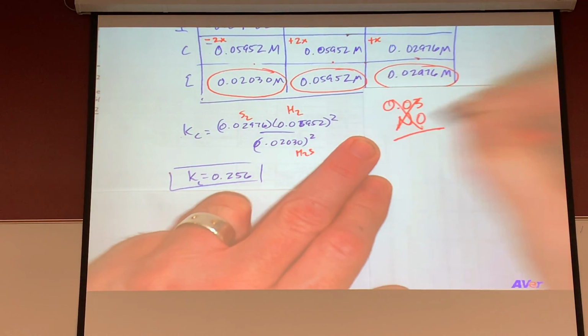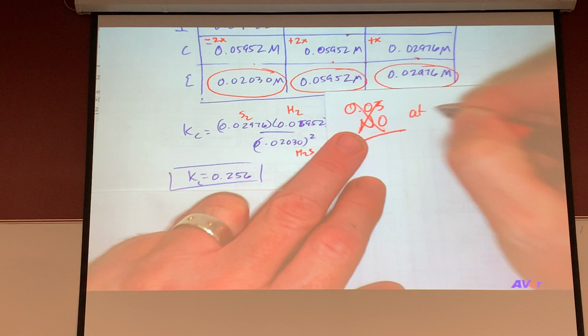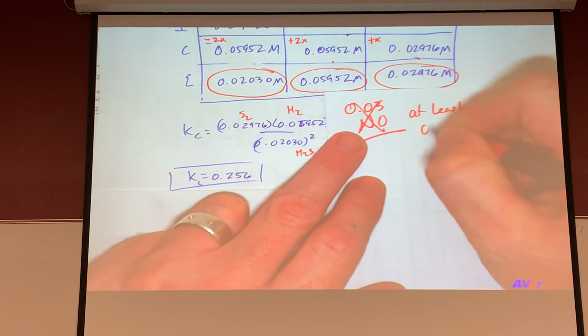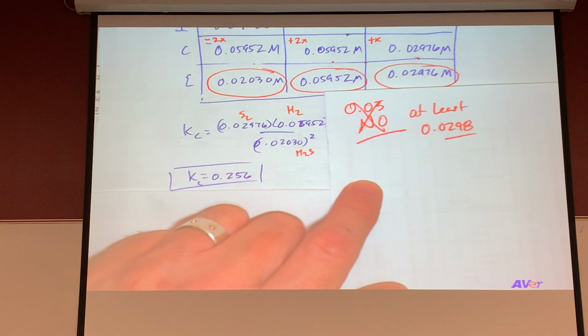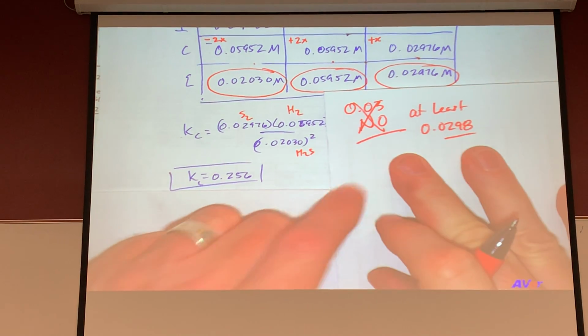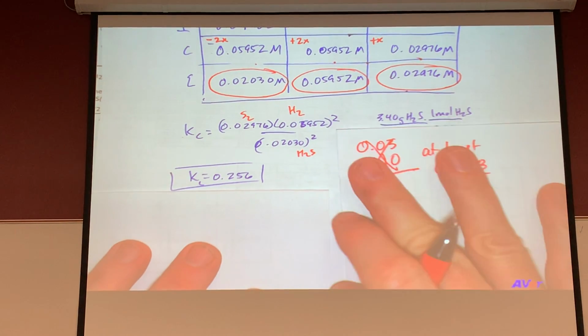So I would say at least 0.0298. If you're going to do any rounding, keep at least 3 digits out there. Okay, but if you just start chopping numbers and arbitrarily rounding, your answers will not match mine. And they won't be all that close in a lot of cases. So don't arbitrarily round. Okay? Fair warning on that one.